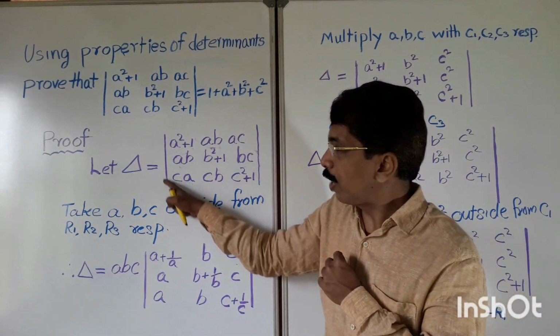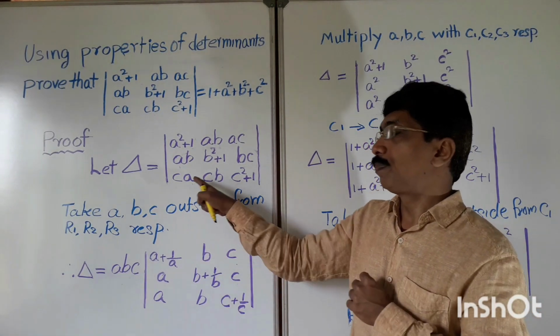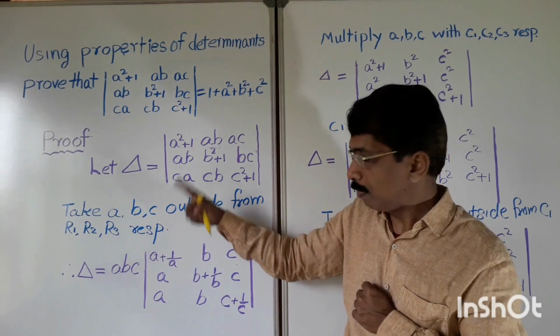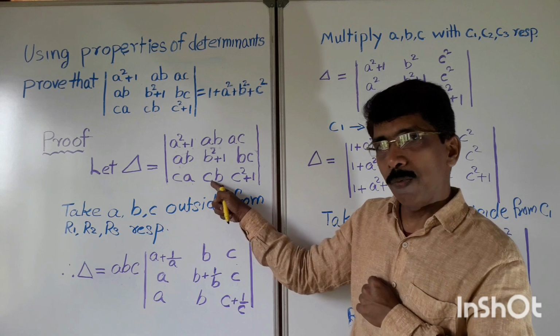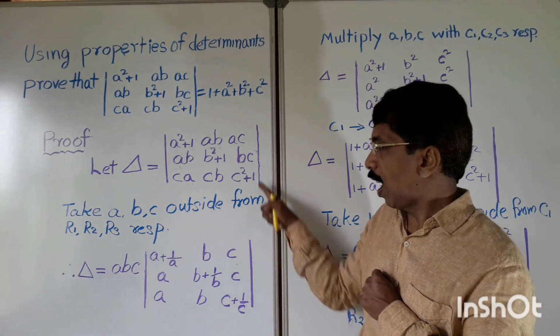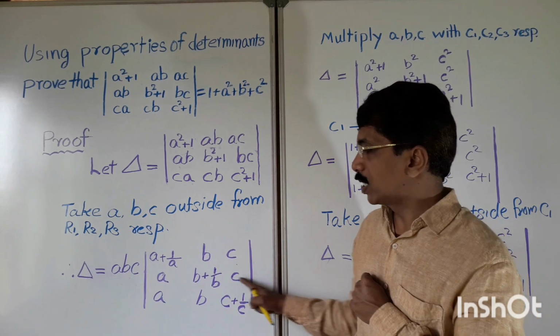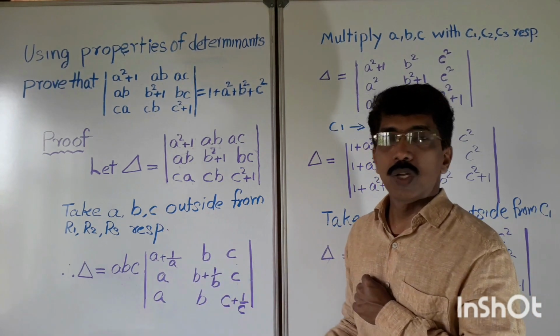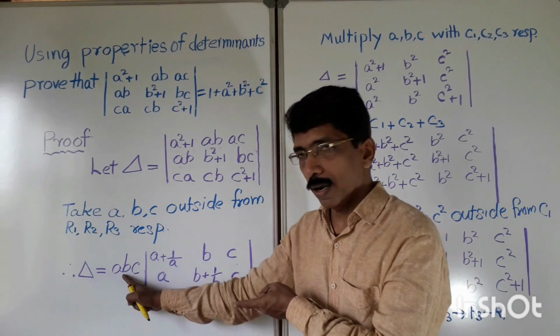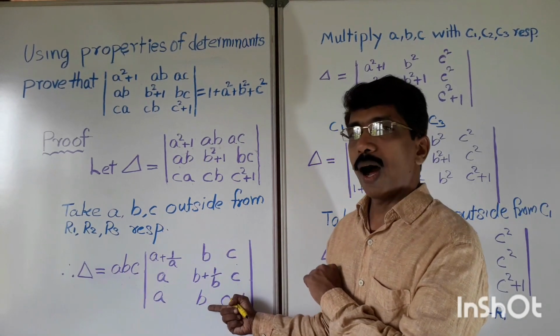Similarly, I have to take c outside from R3. So ca will become a, cb will become b, c square will become c, and 1 will become 1 by c. That means this term has changed this way. From R1 I have taken a outside, from R2 b outside, from R3 c outside.